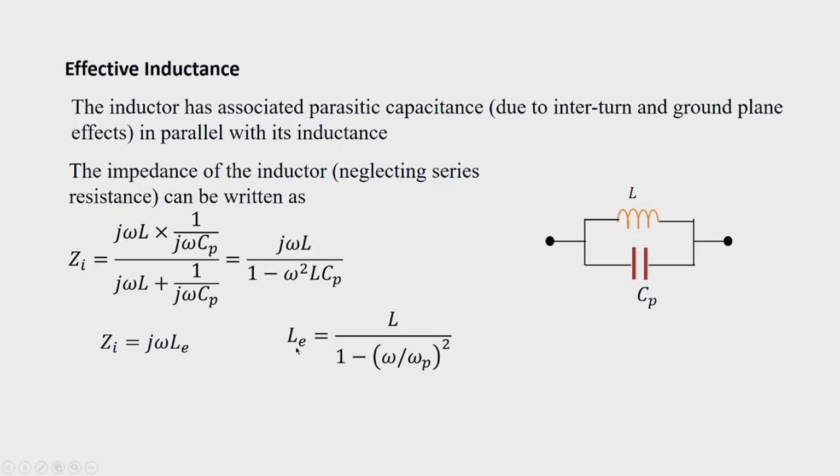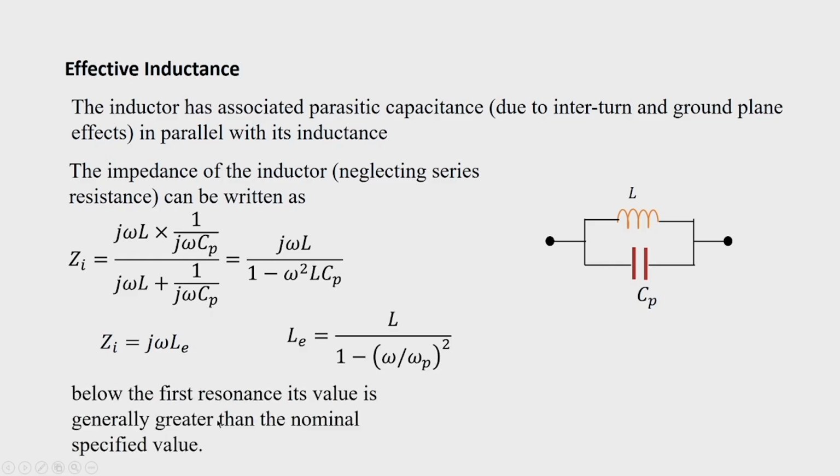and Le is equal to L divided by 1 minus omega by omega p square, where omega p is 1 by root of LCp, and below the first resonance its value is generally greater than the nominal specified value.